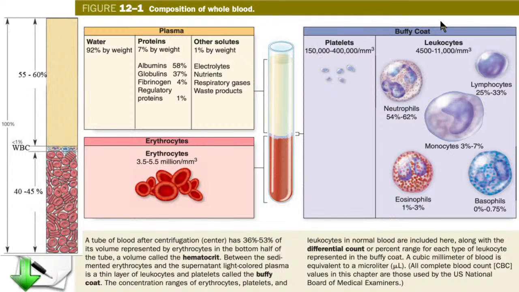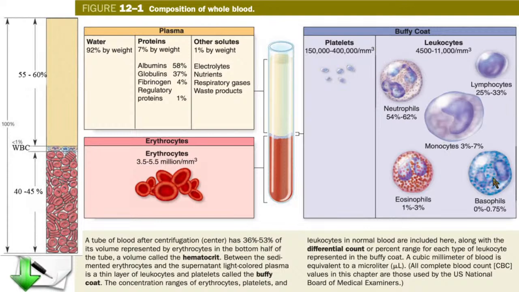Look, the white blood cells layer is sometimes named the buffy coat, because it is located between plasma and erythrocytes. The buffy coat consists of platelets and leukocytes like neutrophils, lymphocytes, monocytes, eosinophils, and basophils.